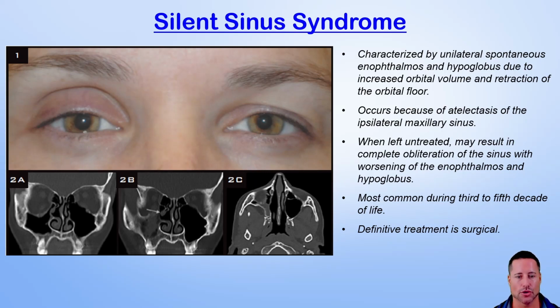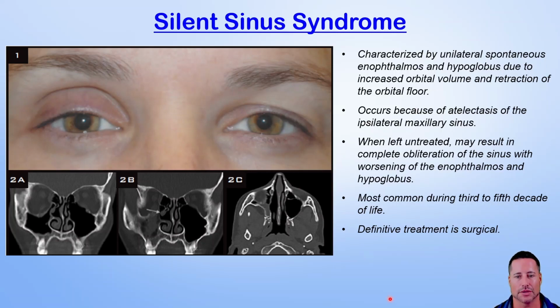Silent sinus syndrome. Not going to go into a ton of detail, but it's essentially spontaneous enophthalmos and hypoglobus due to increased orbital volume and retraction of the orbital floor. So the enophthalmos obviously is the recession, sinking in of the eye.